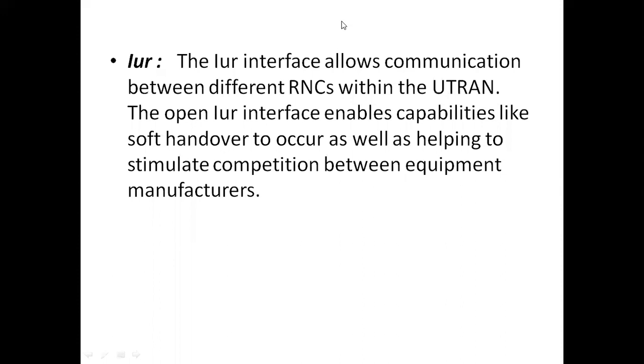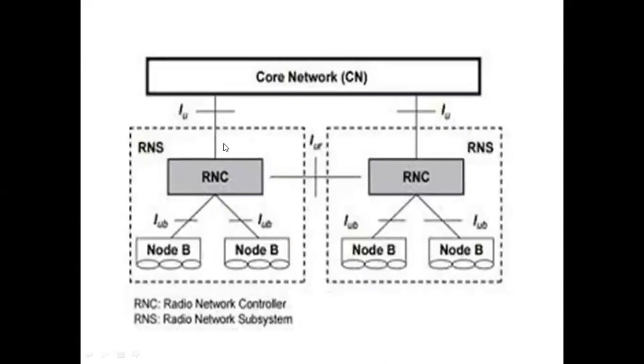And next, Iur. This is the third type of interface. The Iur interface allows the communication between the different RNCs within the UTRAN. So Iu is the interface between the core network and RNCs, Iub is the interface between the RNC and base station, and in Iur, R represents RNC.